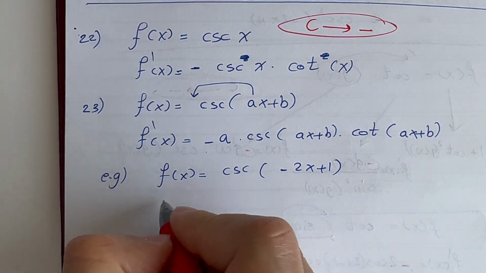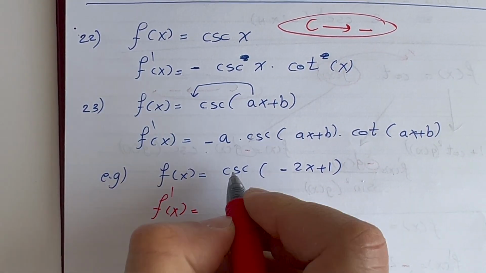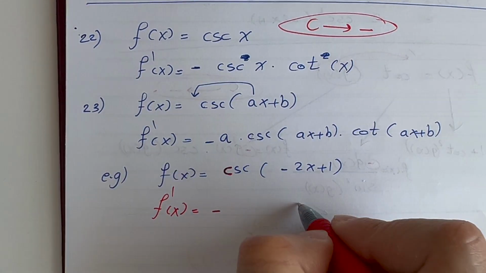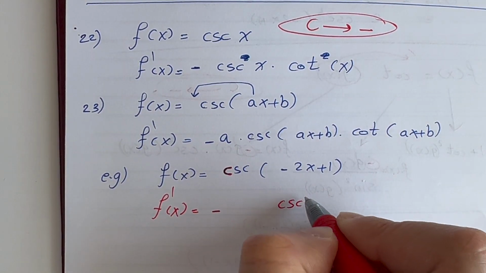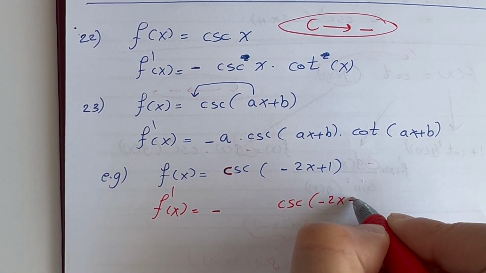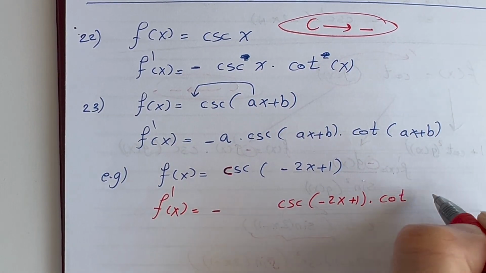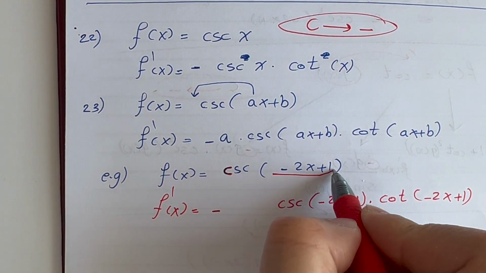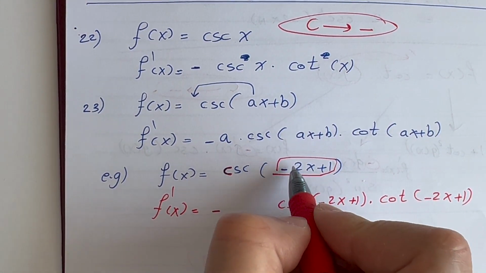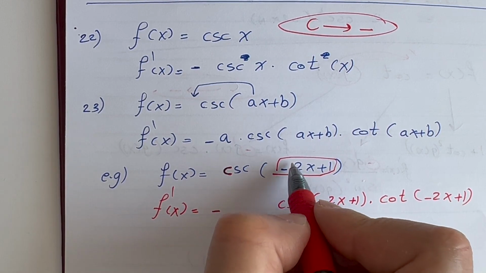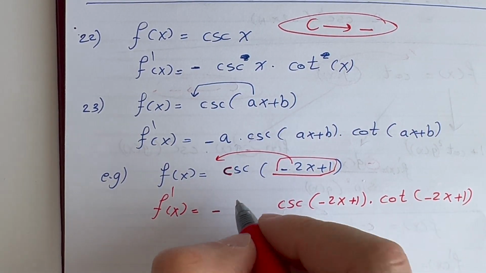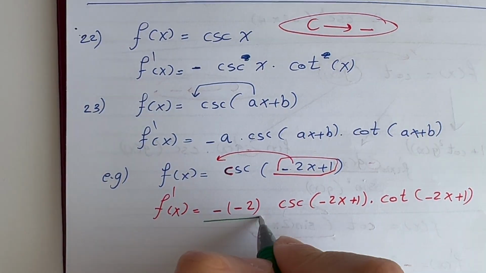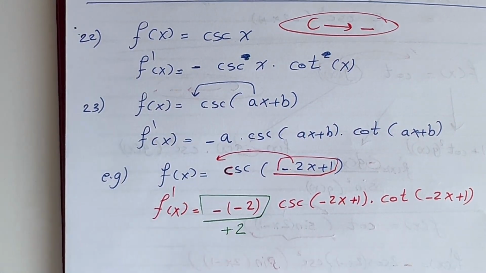The derivative would be, since cosec starts with c, I will put minus in the derivative. And right here, cosec the same angle, cotan the same angle. But since the angle here is a linear function, it has a number a, the linear coefficient, I will multiply it outside, so negative 2 outside. So here the answer would be positive 2. That's all.